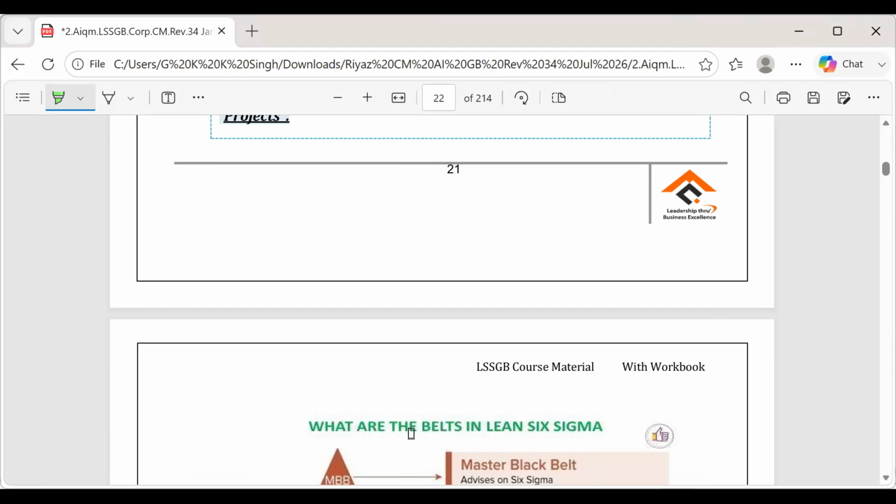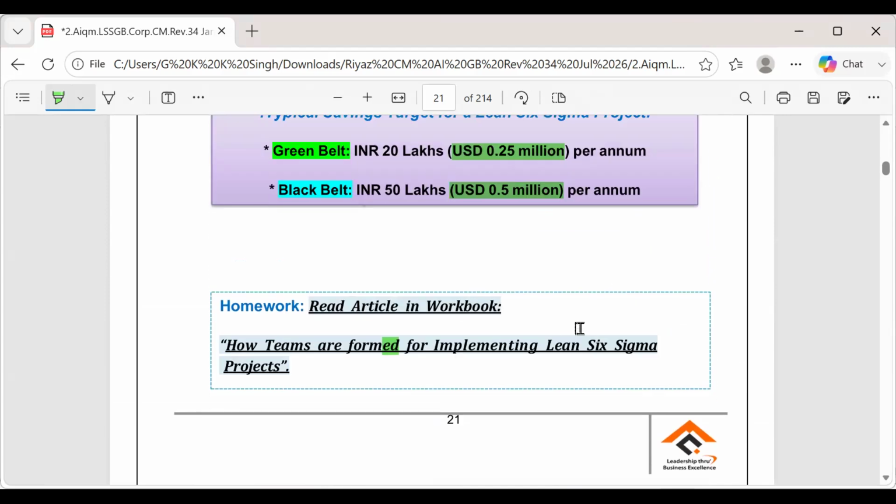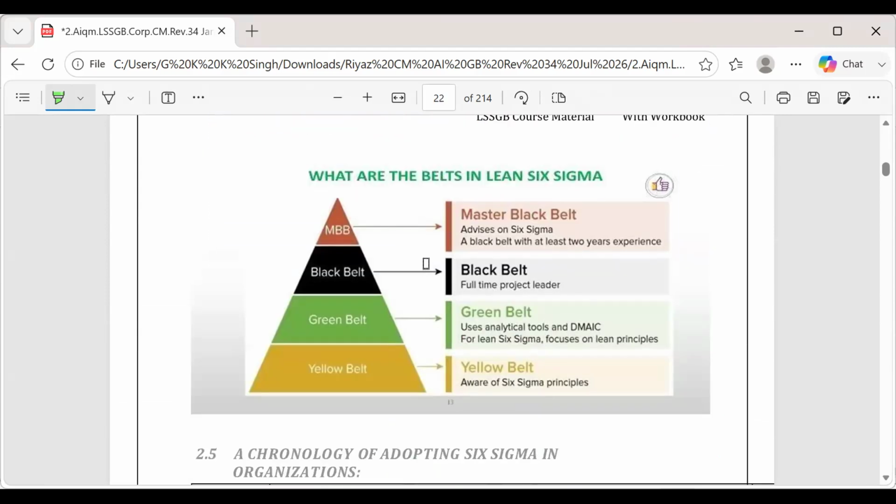So these kinds of savings can be achieved through the projects. And the teams are typically led by the master black belt, who is the consultant for the team.